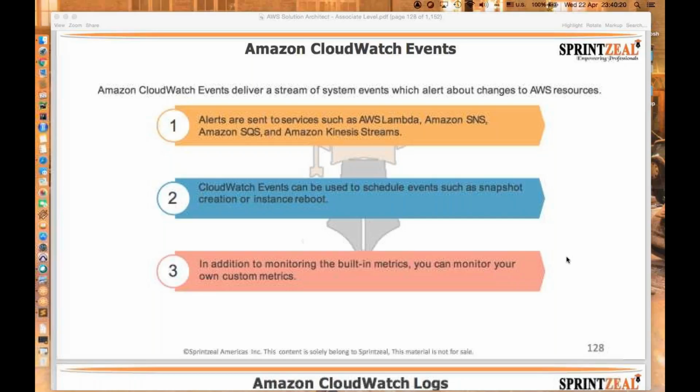What are the different events taken care of in CloudWatch? The first one is alerts sent to services like Lambda, SNS, SQS, and Kinesis streams. All these alarms will be sent to these services, and CloudWatch events can be used to schedule events such as snapshot creation or instance reboot.